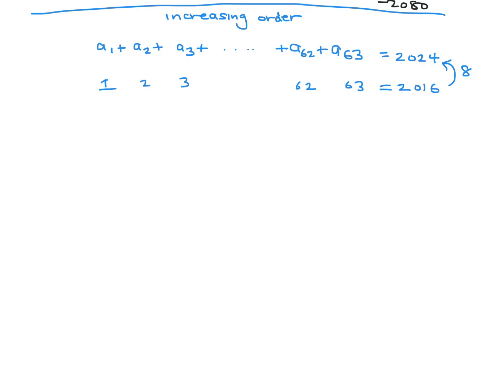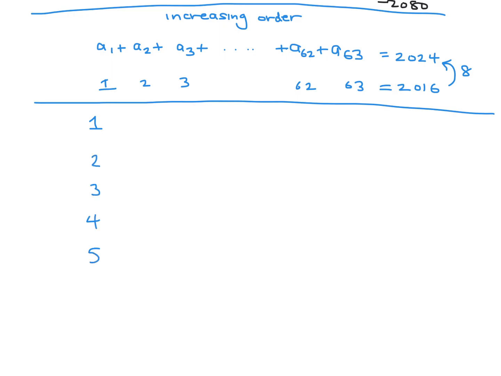There's going to be several cases here. The first case is if you just have one additional term, and then you can have 2 additional terms, 3 additional terms, and so on. I think it goes up to 8 because I'm pretty sure the last one would be all ones.